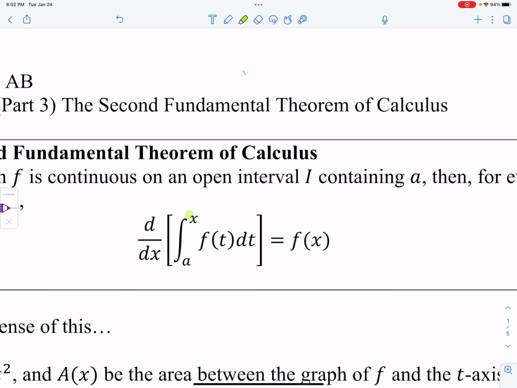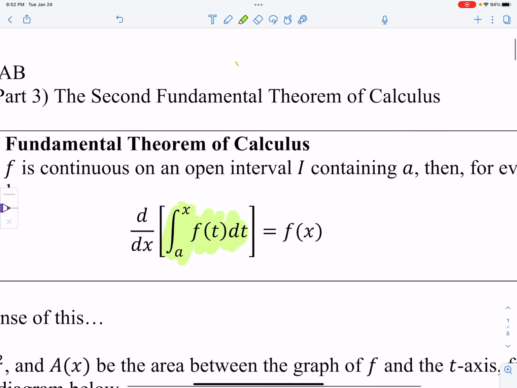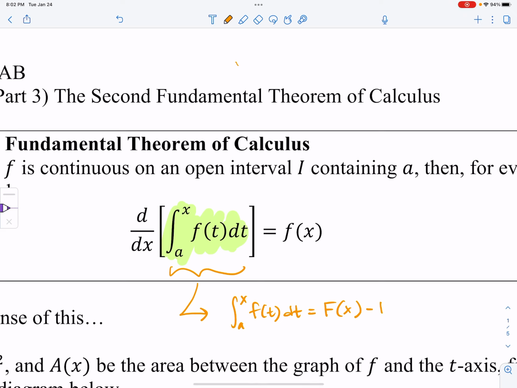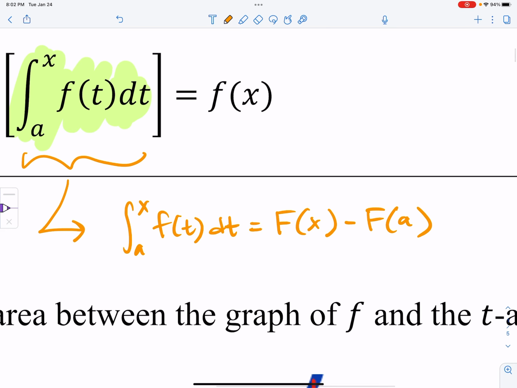If we were to think about rewriting this definite integral, just this part, using the first fundamental theorem of calculus, we would have that the integral from a to x of f of t dt would be equal to capital F of x minus capital F of a, where capital F of x is the antiderivative of lowercase f.